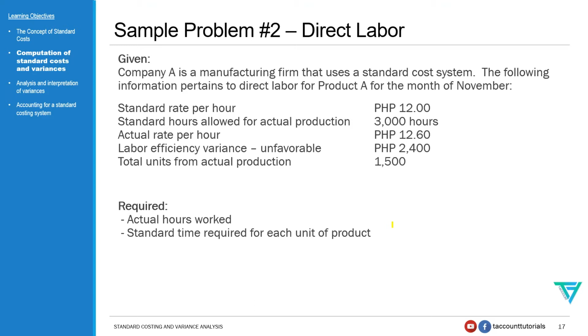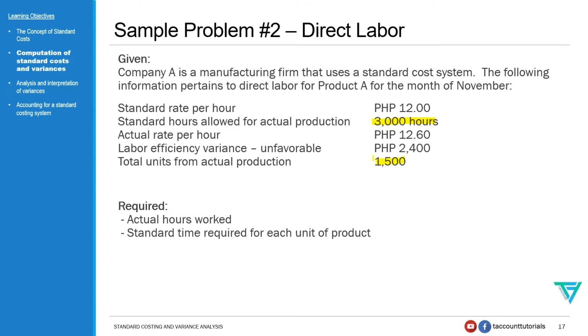Now, personally, if I look at this problem and I see the standard time required for each unit of product, given the information provided above, I can conclude that the second requirement is much more straightforward to arrive at versus the first one. The standard time required for each unit of product would only be to divide standard hours allowed for actual production, 3,000 hours, by the actual total units produced, which is 1,500, right?